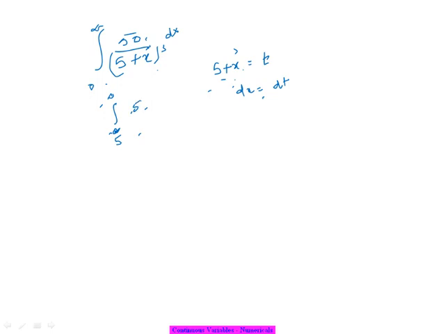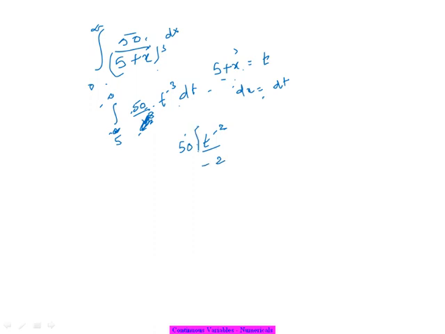50 by, instead of (5 plus x), I will write t cube. So because this is t cube, I can write it as t power minus 3 into dt. So the integration of t power minus 3 is t power minus 2 by minus 2.